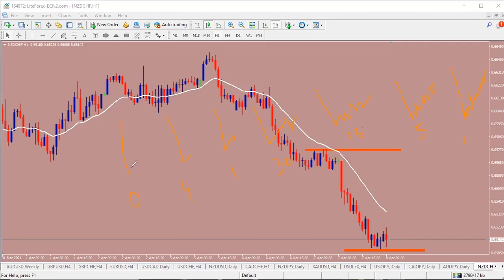Now, this is daily. All these things you are seeing here, all these rectangles, all that retracement you are seeing, they are the weeks of this daily.